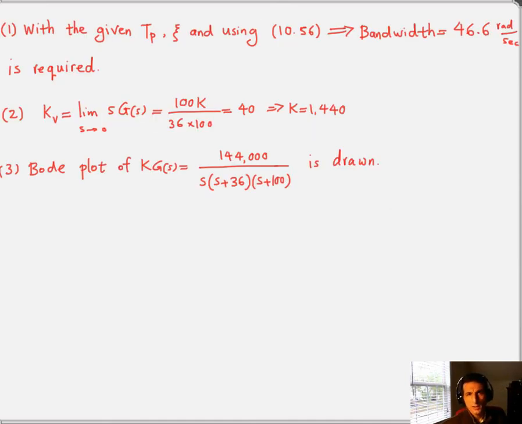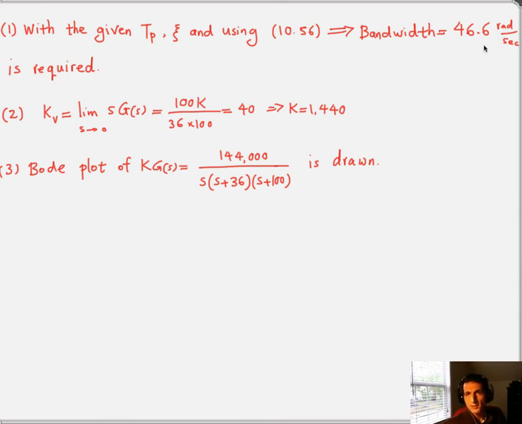Step one is to use the values of zeta and TP and the correct equation to find the bandwidth. If you go back, equation 10.56 relates TP and zeta, which is basically the overshoot, to the bandwidth.